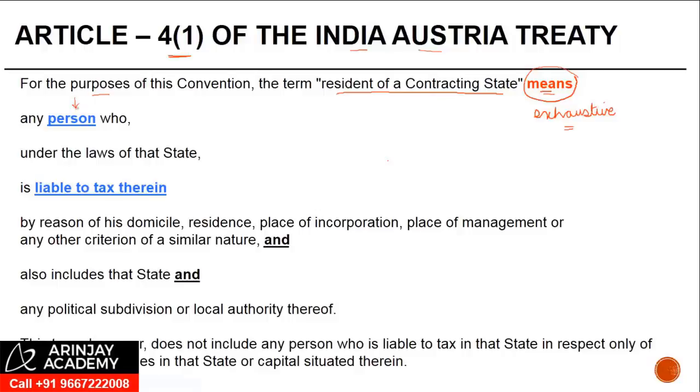Any person, mark the word person, who under the laws of that state, which means what? If I am trying to find out whether a person is a resident of India for the purpose of claiming the benefit under the India-Austria Treaty, then a person who under the Indian laws is liable to tax therein, which means he is liable to tax in India, right?